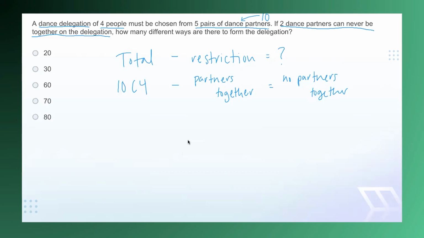And this trick would work really great if there were only 3 people on the delegation. But with 4 people, things get really messy. With a 3-person delegation, we could have 2 partners from one pair. Sure, that would be our partners together. But with a 4-person delegation, not only can we have 2 partners from one pair, we can have 2 partners from 2 pairs.